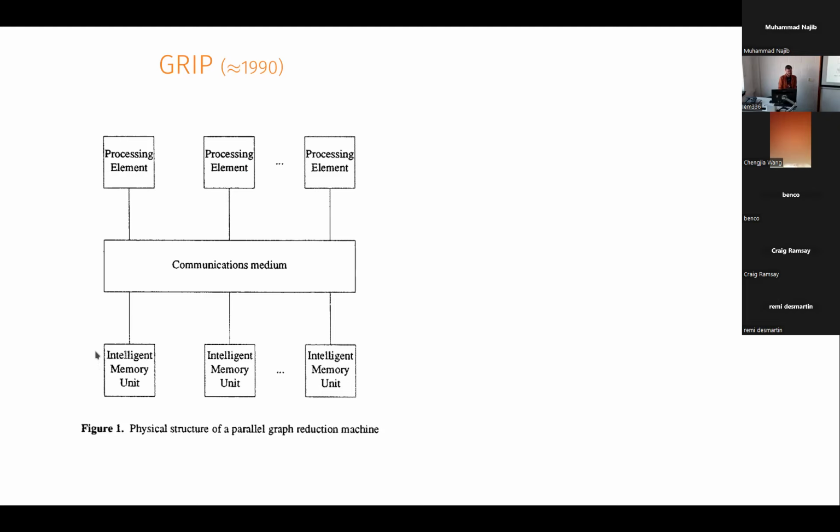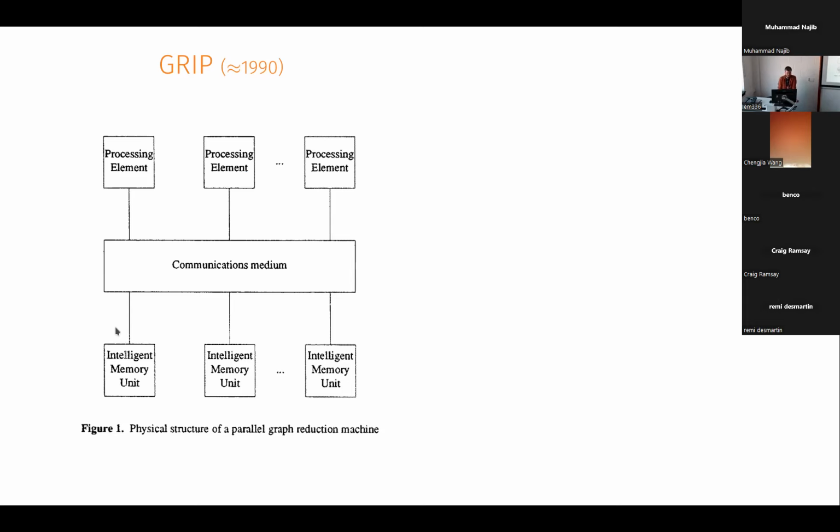And then they have on the bottom here this shared memory, but distributed shared memory. So it's a single address space shared between all of these units, but it's split into banks, and there's one controller with some intelligence that understands graph structures in front of each one.